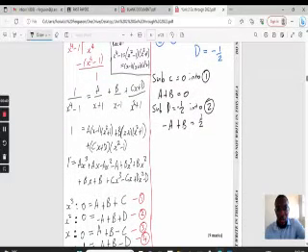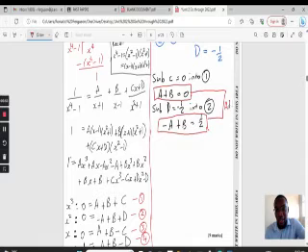So now we have two equations to solve for a and b. Let's add these two equations. Adding them, a plus minus a cancel. b plus b is 2b equals half, so b equals a quarter.